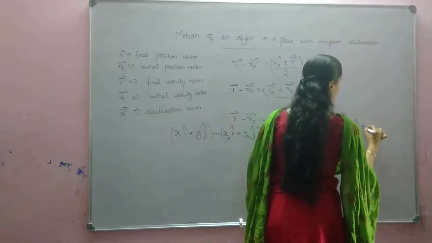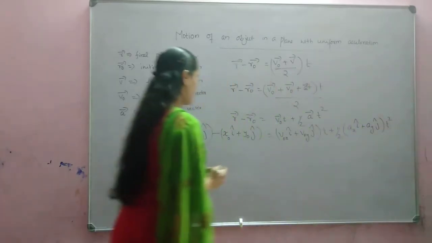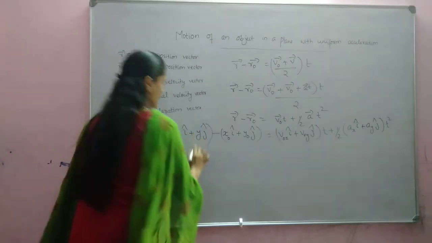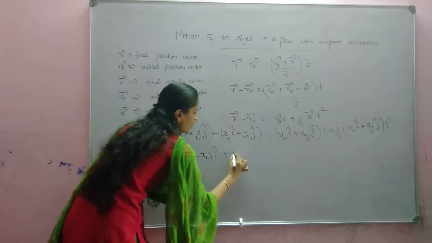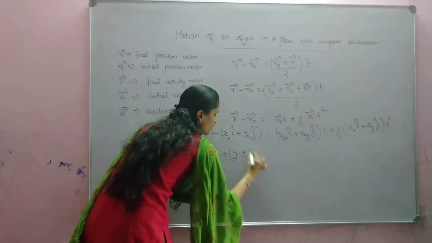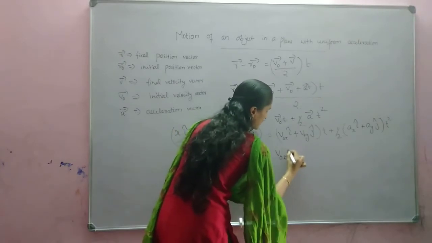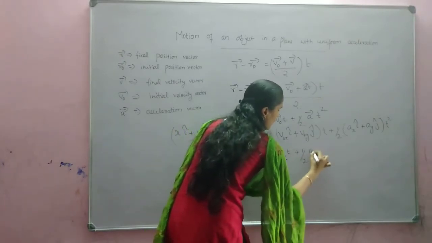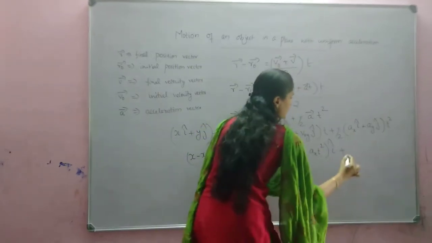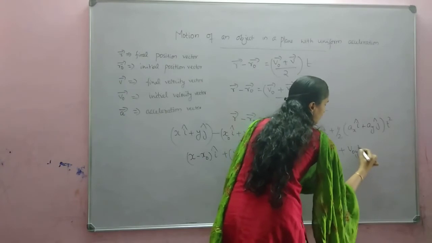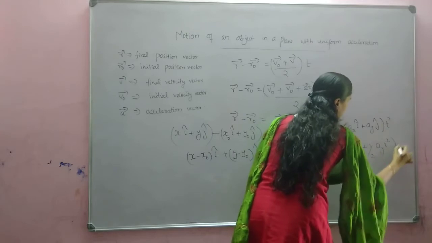Now we can write x minus x0. What will you get? x minus x0 i cap plus y minus y0 j cap is equal to, here what you will get? v0x t plus half ax t square i cap plus v0y t plus half ay t square j cap.